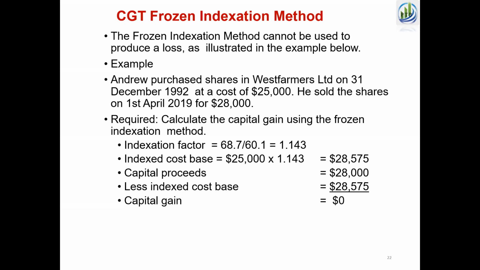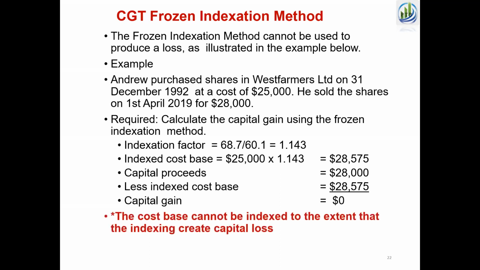That's possible. That's called the cost base cannot be indexed to create a capital loss. Why am I doing it like this? If I click the discount method, I am going to pay $1,500 worth of income tax. But if I use the indexation method and make the capital gain zero, you don't need to pay any cents, right? Therefore, you must understand sometimes people are not applying this rule properly.